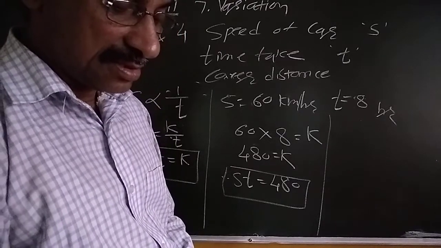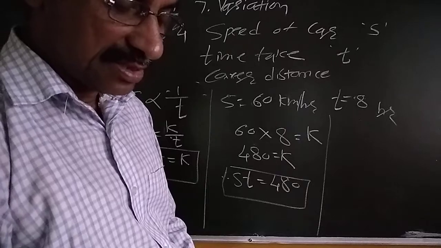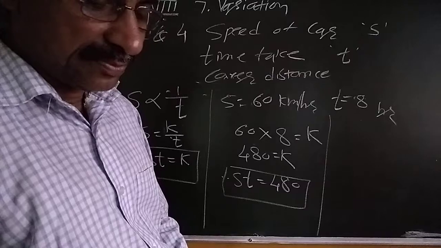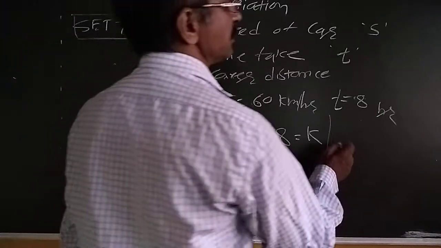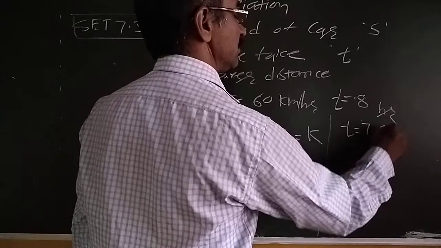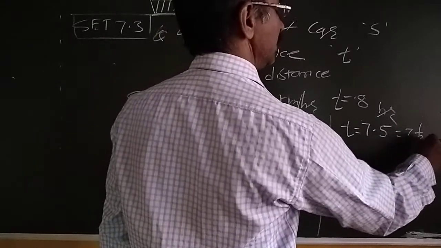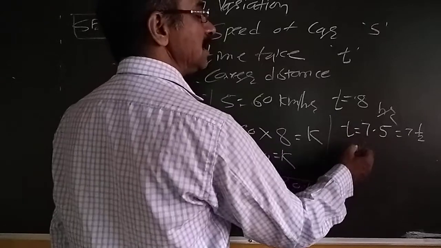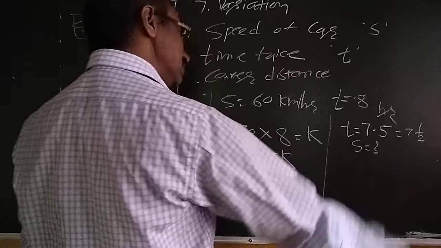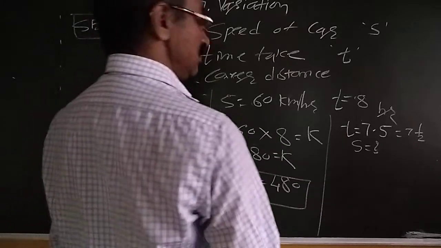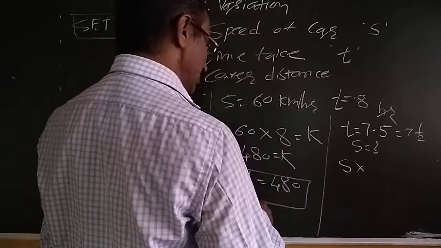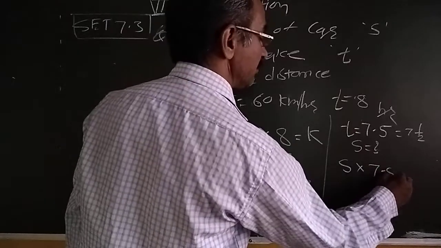Then the time is given, T is equal to 7.5, also written in decimal as 7.5, and we do not know the speed. So to find out the speed, we put this value in the equation ST is equal to 480. We do not know the value of S, and T is equal to 7.5.